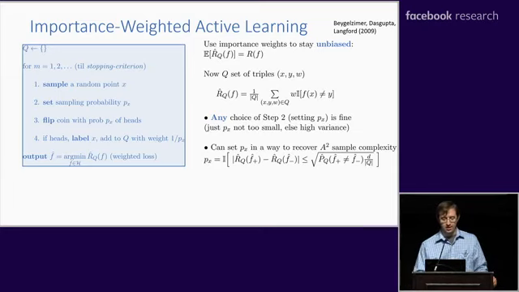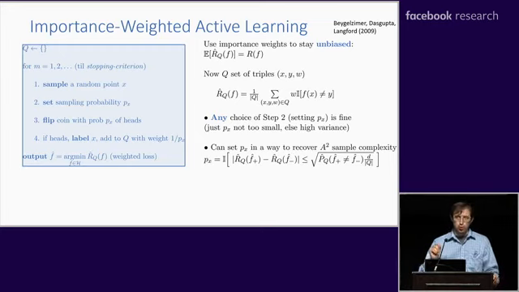Okay. And the reason you do this is because the weighted empirical risk with those weights on the loss ends up being an unbiased estimator of the actual risk. And that's a very general statement. So no matter how you set these p sub x's, you're going to get an unbiased estimator of the risk.